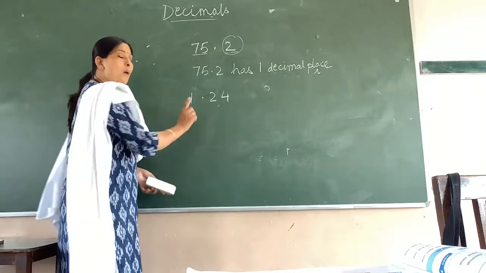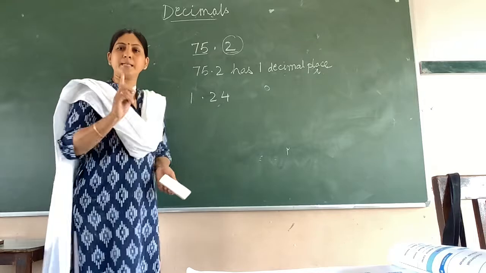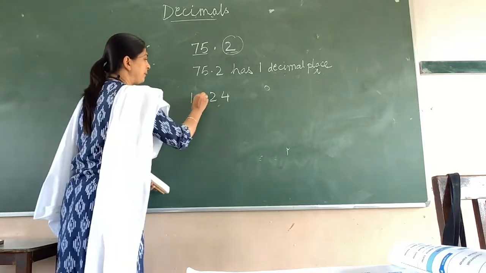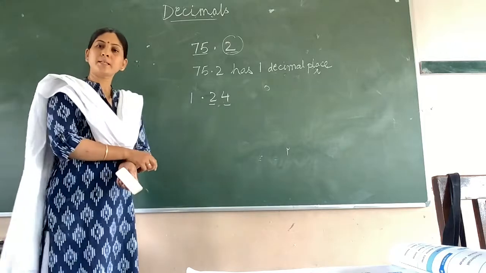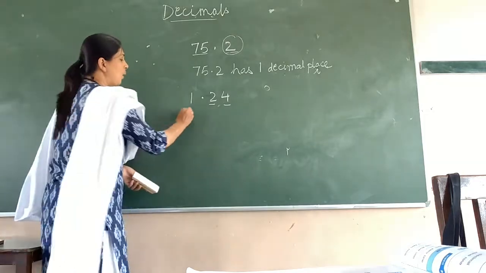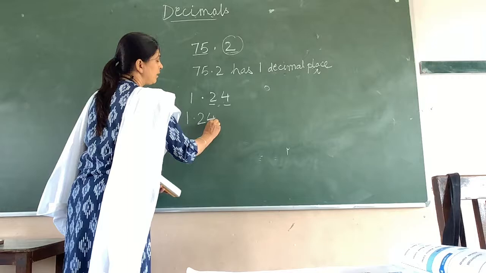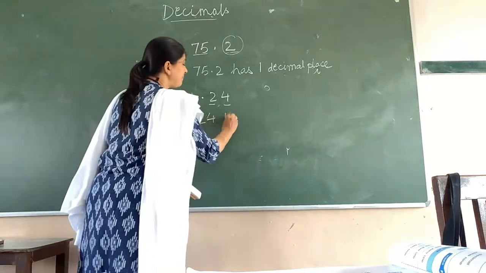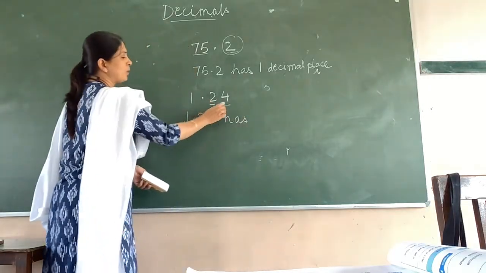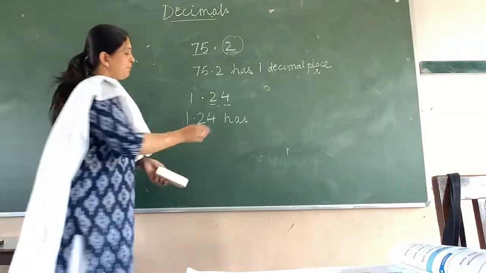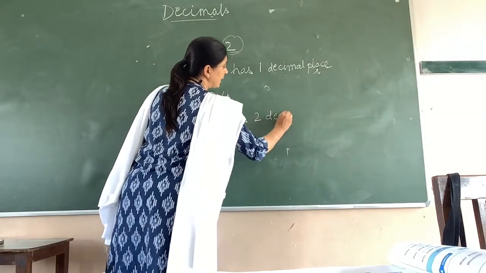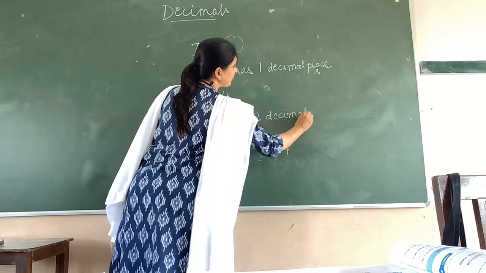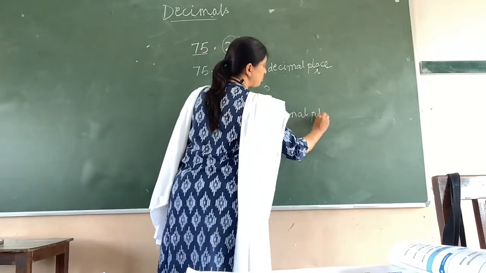Now see, how many digits are there after the decimal point? 2 digits. So 1.24 has how many decimal places? Since there are 2 digits after the decimal, it has 2 decimal places.